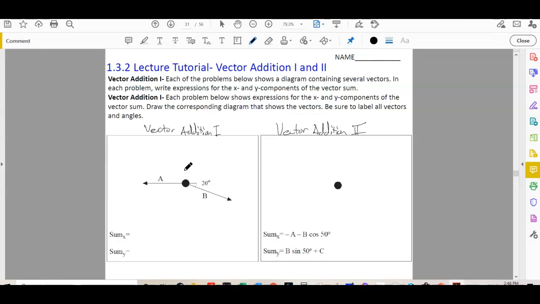Let's do the first pane of Vector Addition 1. Actually, this is the second pane of Vector Addition 1. Here we go. You have an A vector that is pointing to the left.